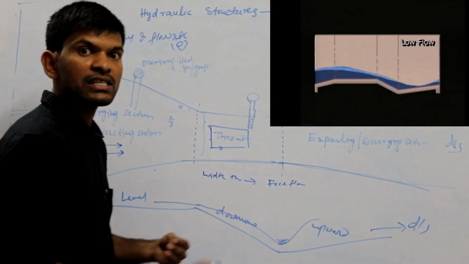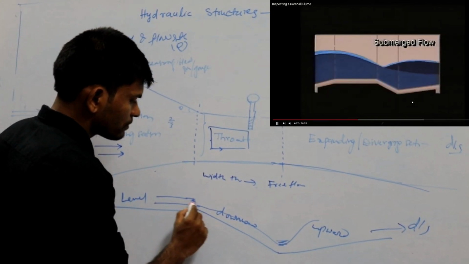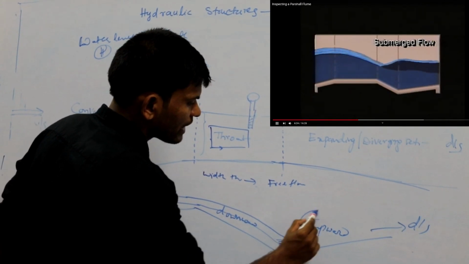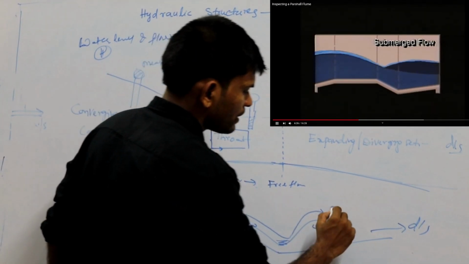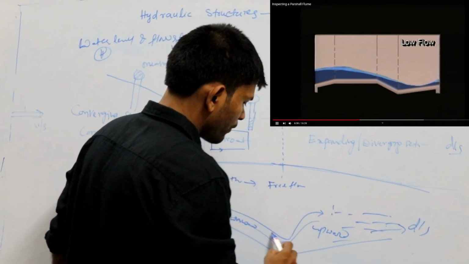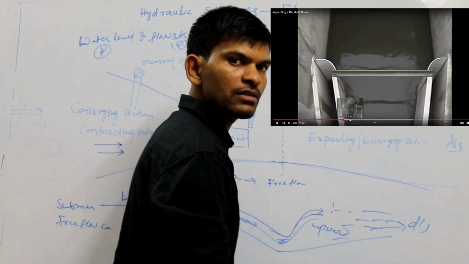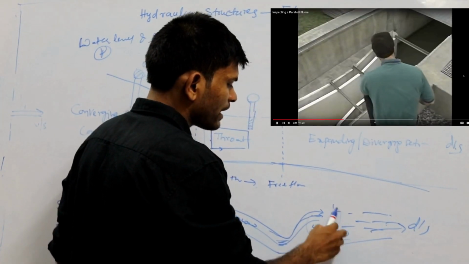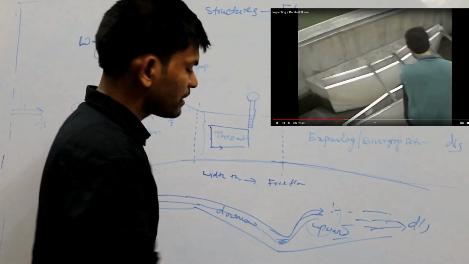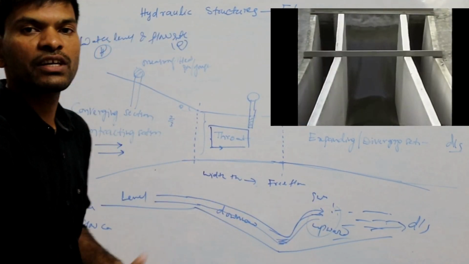Whereas in the other case, a little bit of obstruction is created in the downstream, so the water will not move with high speed. That means the flow is called your submerged condition.